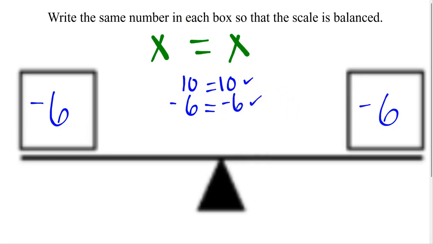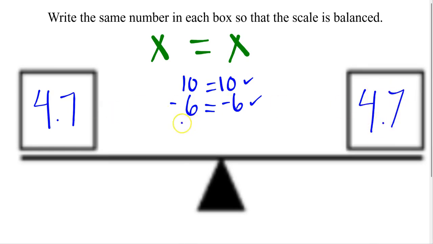So this is true, this is true. You're going to find no matter what number we put in, because it's saying x is equal to x. No matter what number we put in here, 4.7. If I put 4.7 over here, 4.7 is equal to 4.7. So no matter what I put on each side, we have the same number and the scale is balanced.